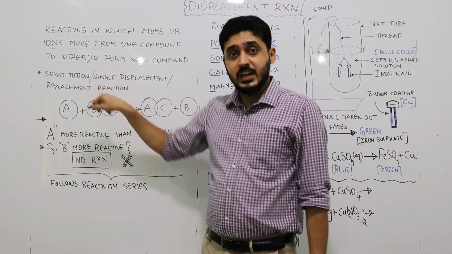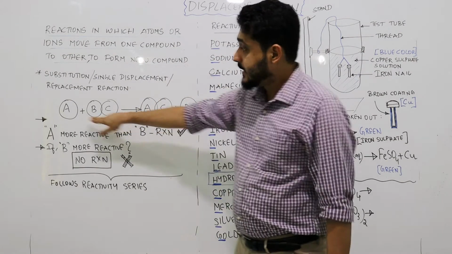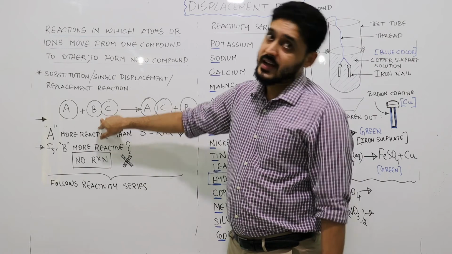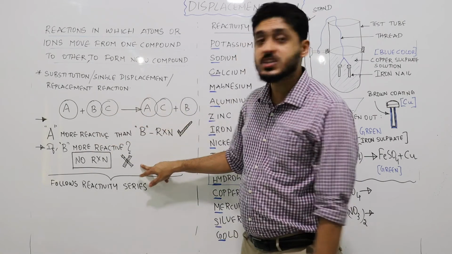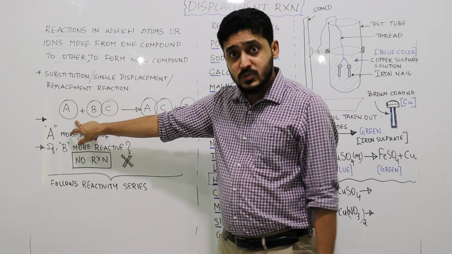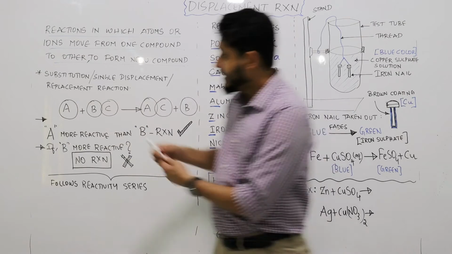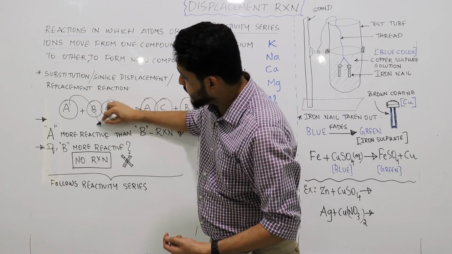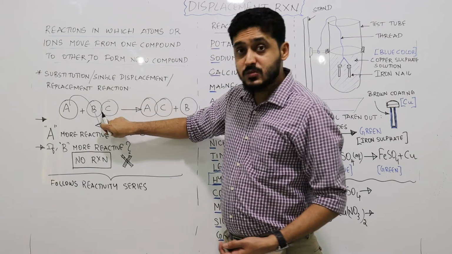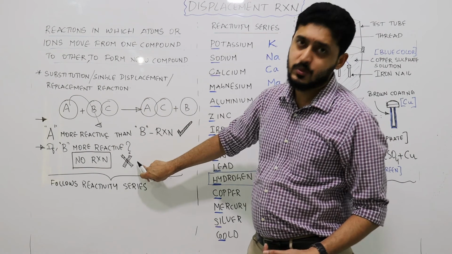And if B is more reactive and A is less reactive, then the reaction will never take place. So if A is more reactive than B, then A will displace B. If B is more reactive than A, then no reaction will take place.